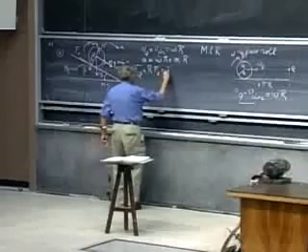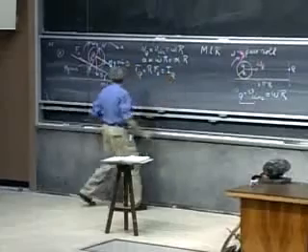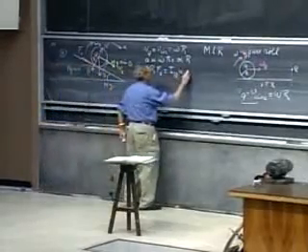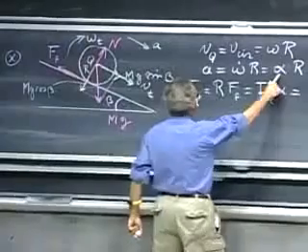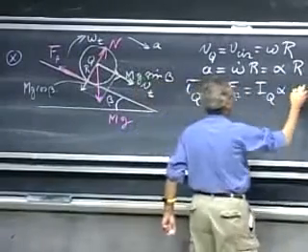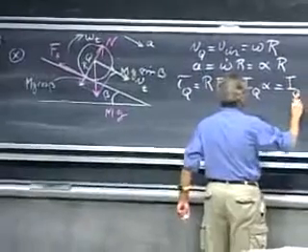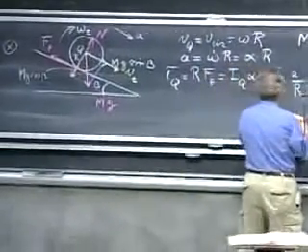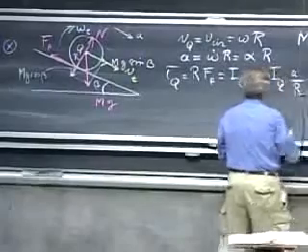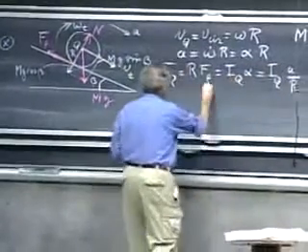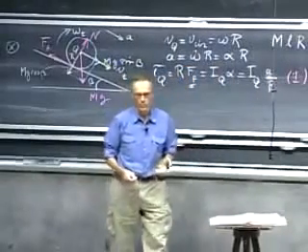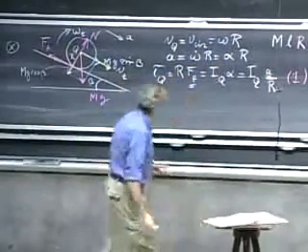This must be I alpha, I being the moment of inertia for rotation about this axis through point Q, times alpha. But I can replace alpha by A divided by r. So I get the moment of inertia about Q times A divided by r. And this is my first equation. I have as an unknown the frictional force, and I have as an unknown A, and so I cannot solve for both. I need another equation.